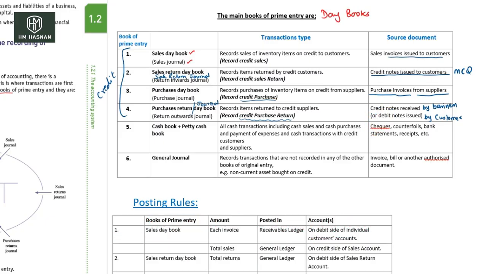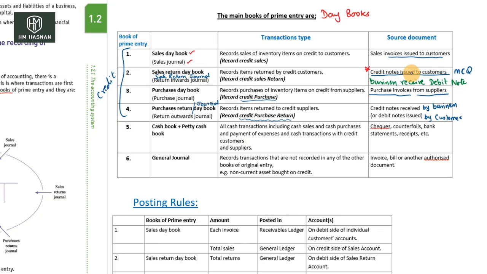And if the business receives a debit note, it means sale return. So the main source document is the credit note, and we have to remember it.